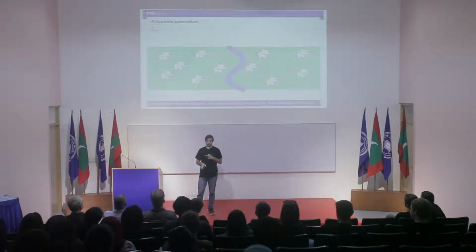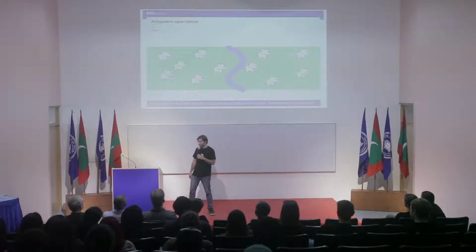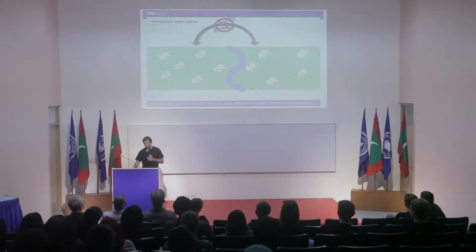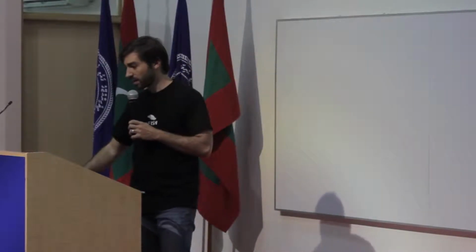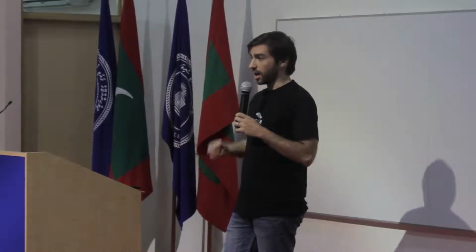Let's say a river, and these elephants are really afraid of water, they don't like swimming. Consequently, you have an interruption of gene flow between these two populations, or we call them subpopulations. However, you still have some gene flow within these subpopulations.